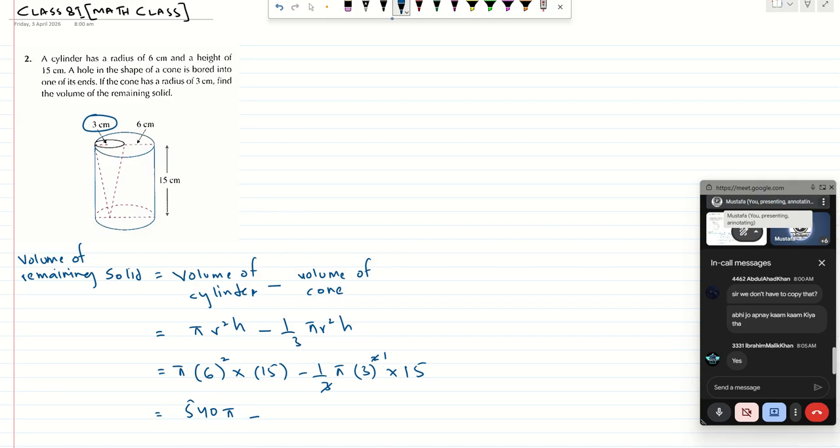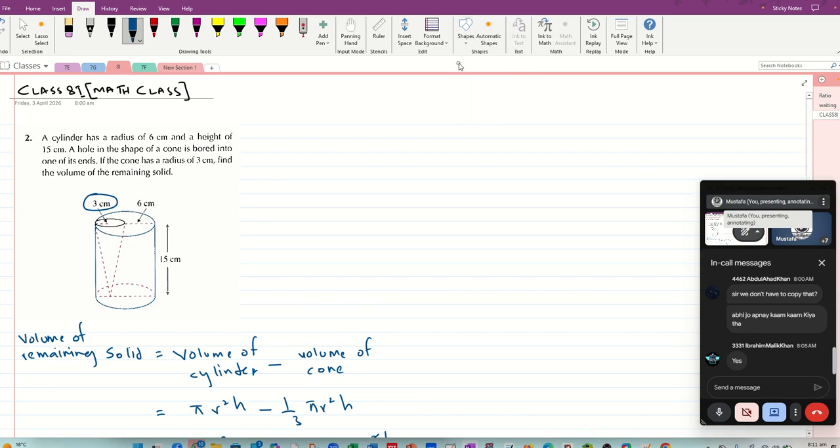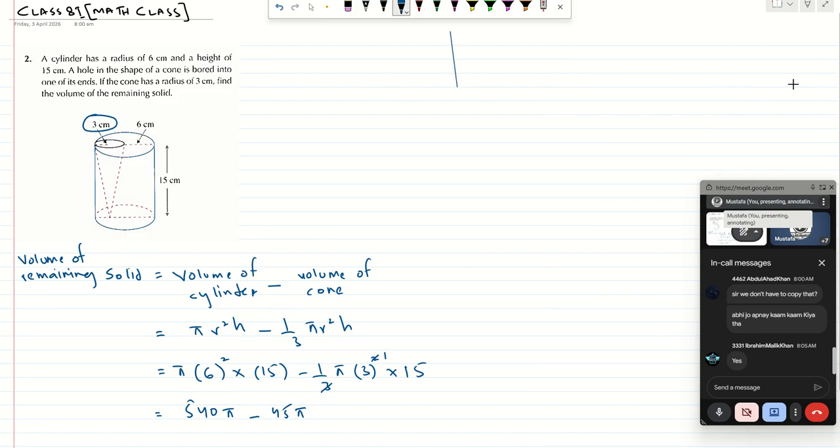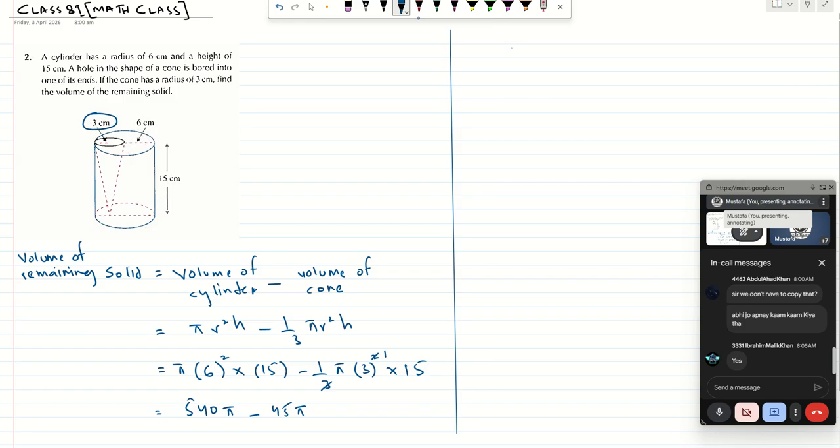Now 3 times 15 is 45, so this will become 45 pi. Now 540 pi minus 45 pi, 540 minus 45, this is 495 pi.